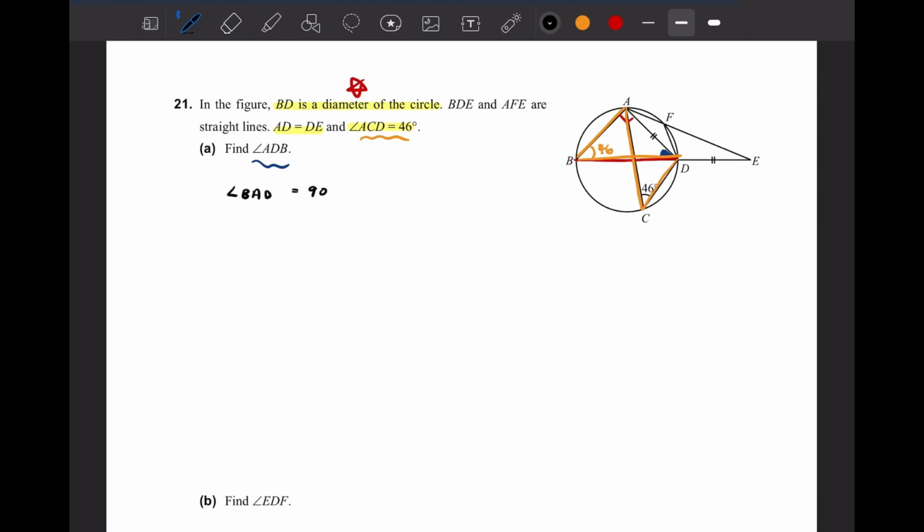So let's write down now. BAD is 90 degree, angle in semicircle. And then angle ABD is equal to angle ACD equals to 46 degree because angles in the same segment.